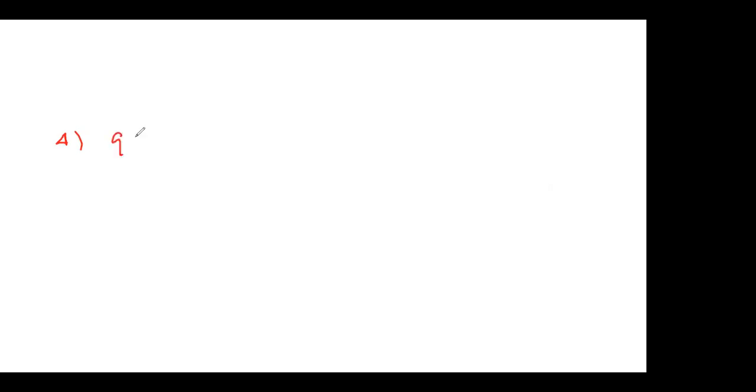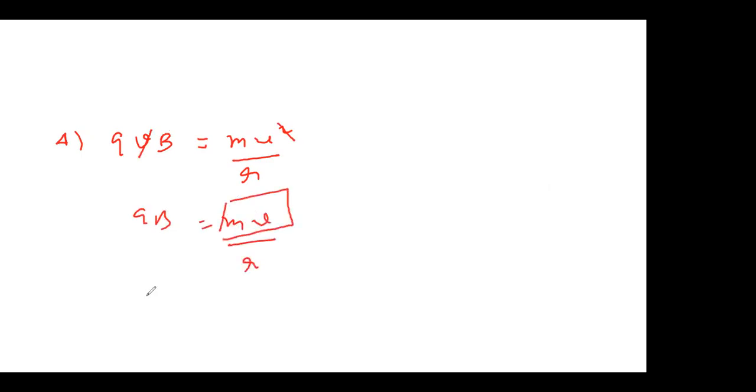So a charge enters the magnetic field perpendicular, then qvB equals mv square by r. We want the nature of the trajectory, that means from r you will get the nature of trajectory. So qB equals mv by r. Momentum is the same. Momentum is mass into velocity. So q is charge of electron upon charge of proton. mv cancels. So it will be radius of proton upon radius of electron.